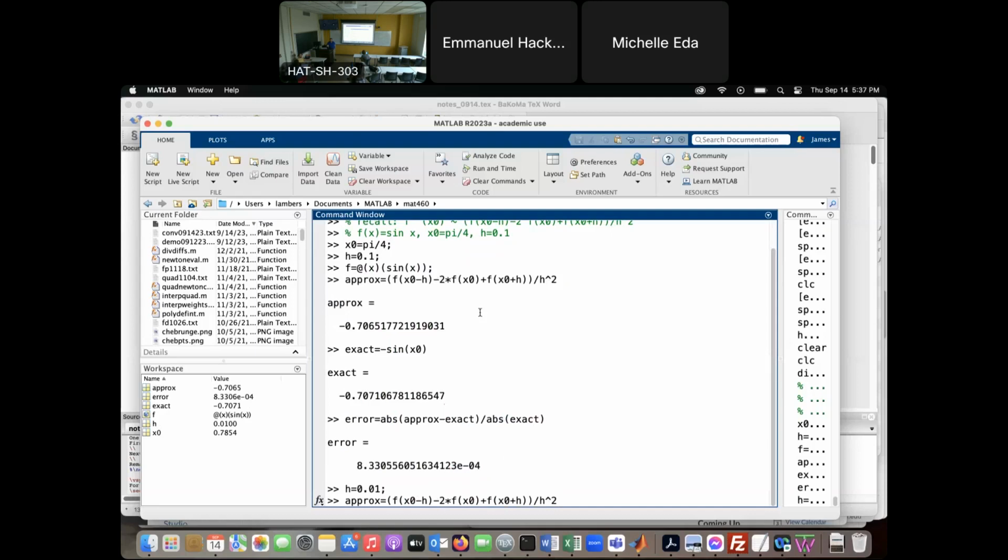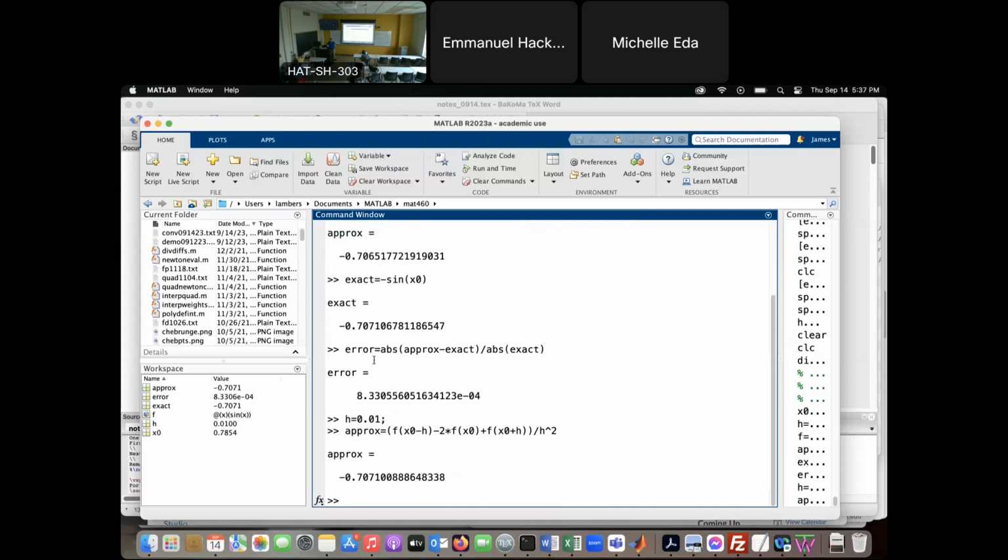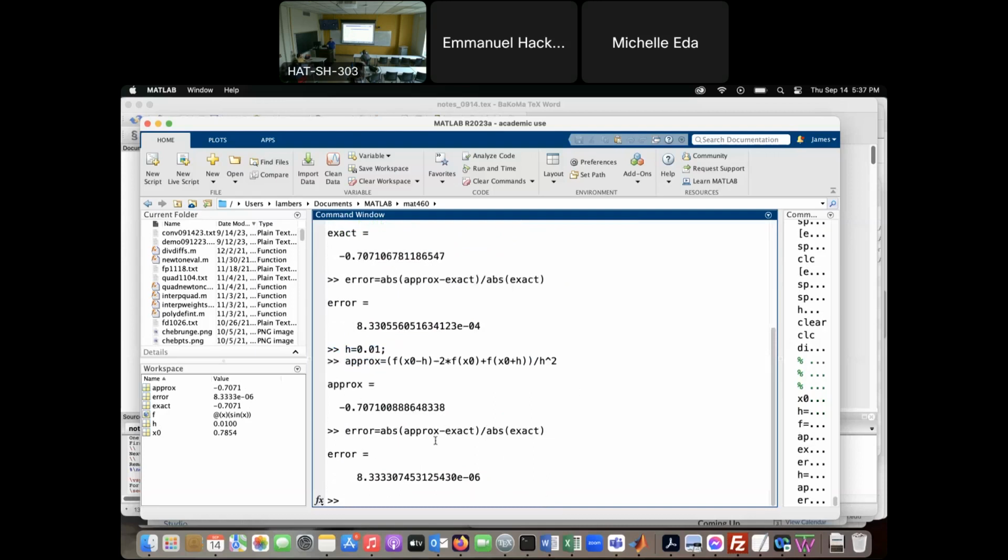Same expression as before, but using a different h. If we eyeball exact versus the new approximation, you can see we're closer. So now I'm going to go back to the command to compute the error again, and take a look at the errors that we got.